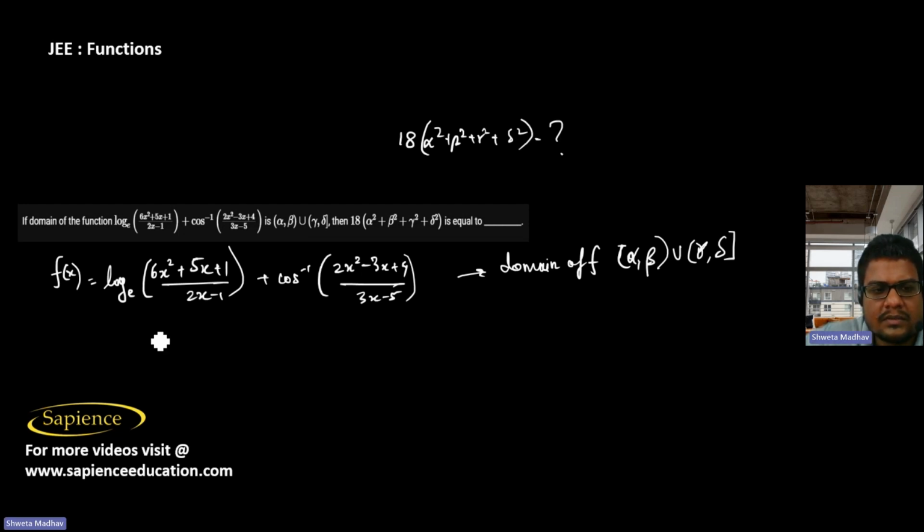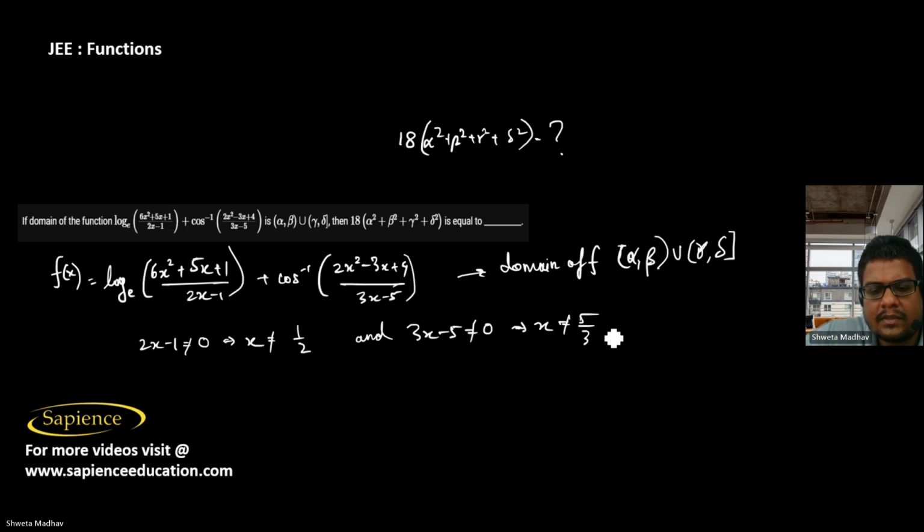So now here, as you can see, one thing is that 2x minus 1 should not be 0. It means that x should not be equal to half. And also 3x minus 5 should not be equal to 0. It means x should not be equal to 5 by 3.